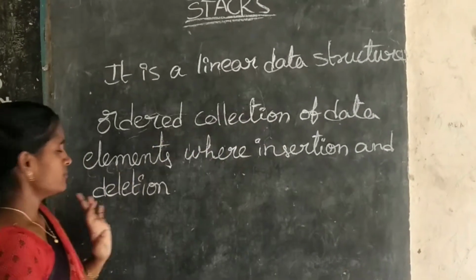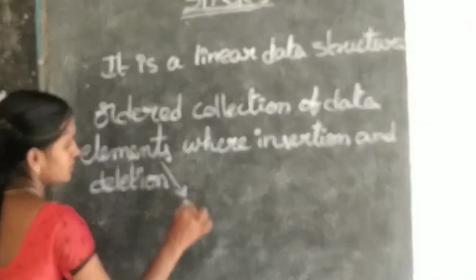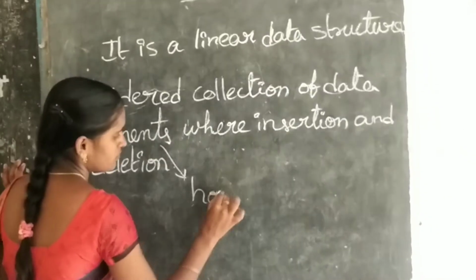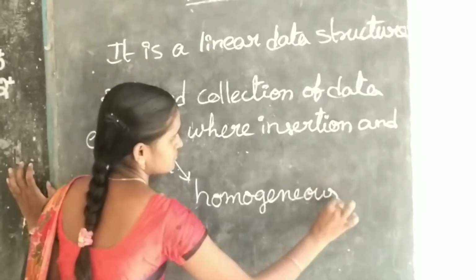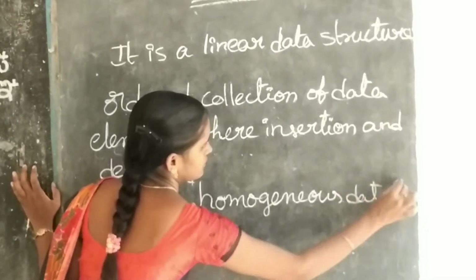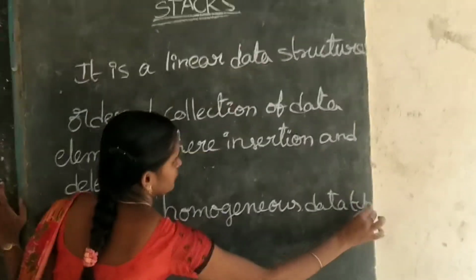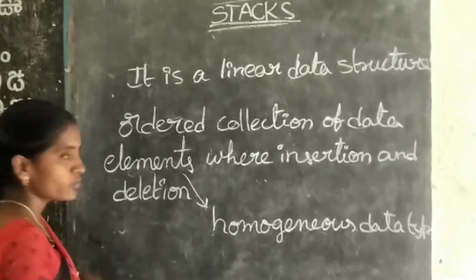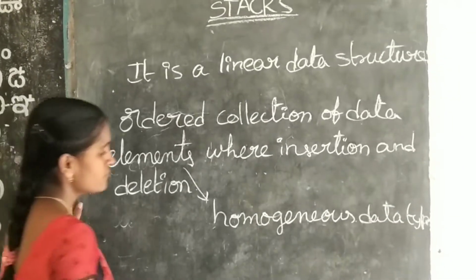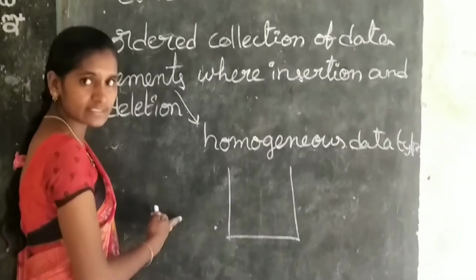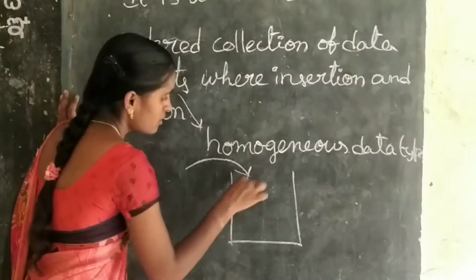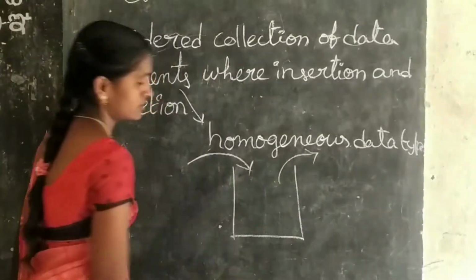These data elements are always of the homogeneous data type. This takes place only at one end. That means whenever we take the stack, the insertion process and deletion process are performed at only one end.